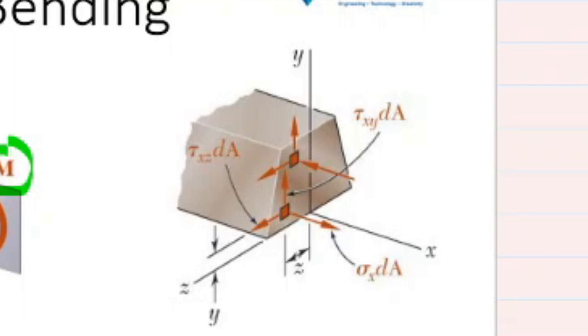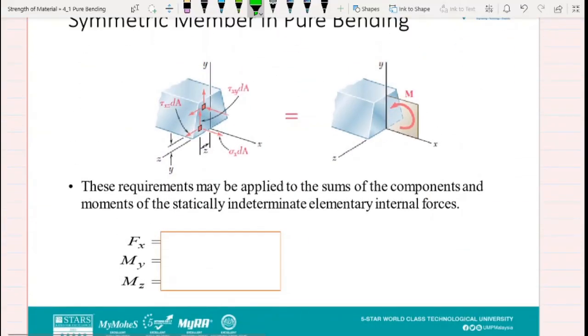Denoting by sigma x the normal stress at a given point of the cross section, and by tau xy and tau xz the components of the shearing stress, we can express that the system of elementary internal forces exerted on the section is equivalent to the couple M. So we should have sigma x, tau xy, tau xz components equal to the couple M of this same section.